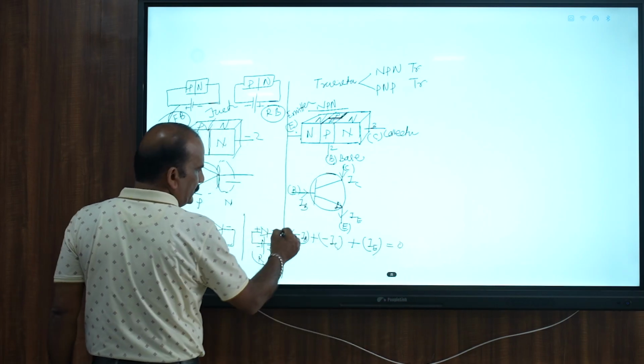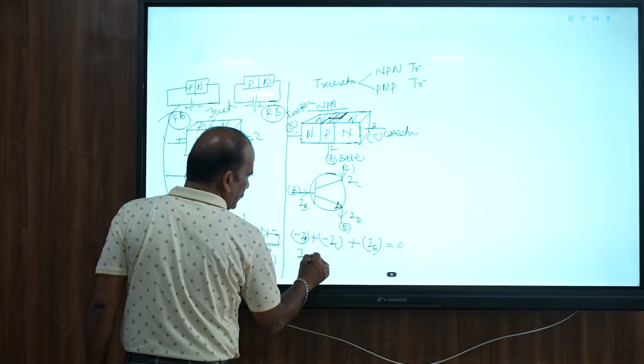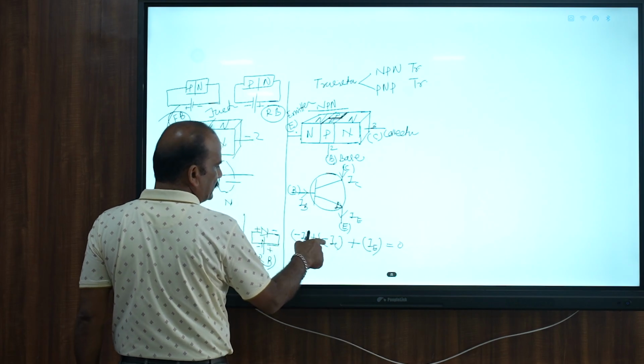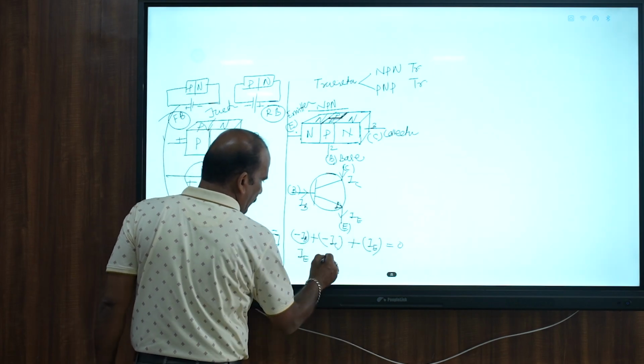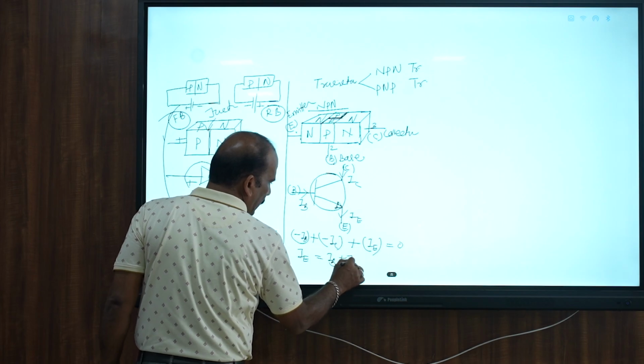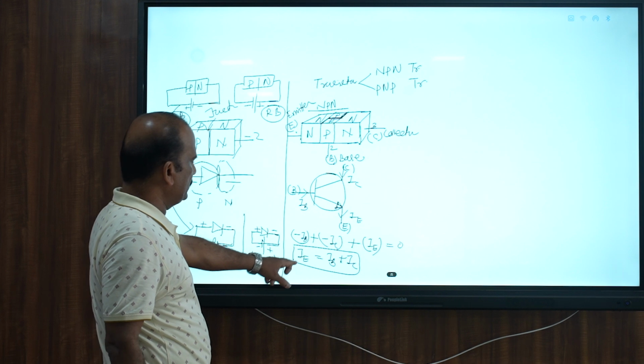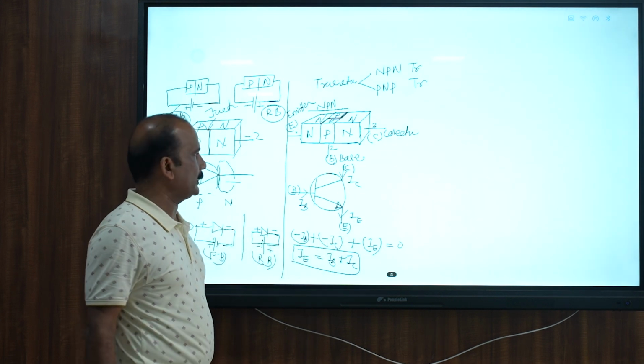If I segregate all this, IE is equal to IB plus IC. So the emitter current is equal to base current plus collector current.